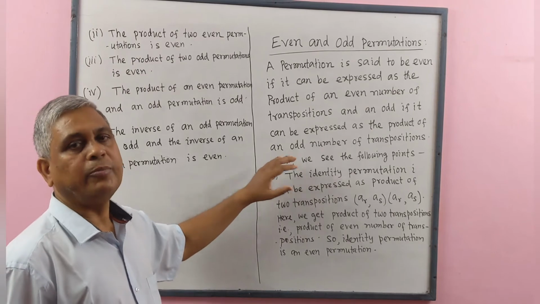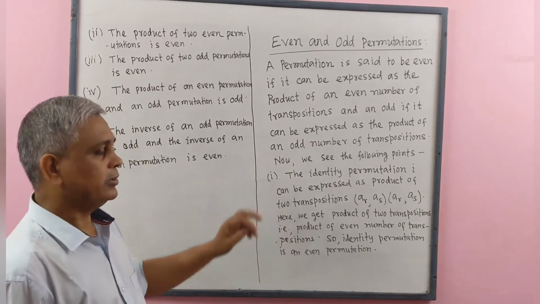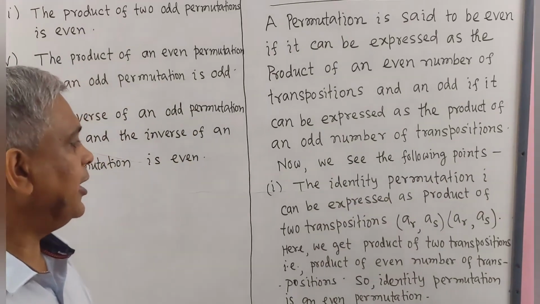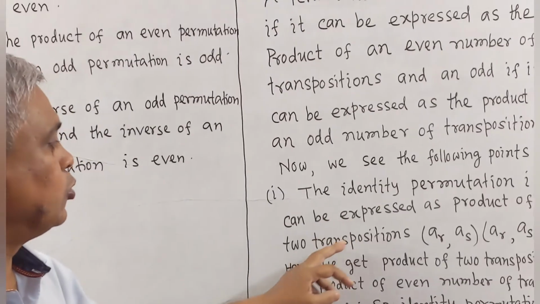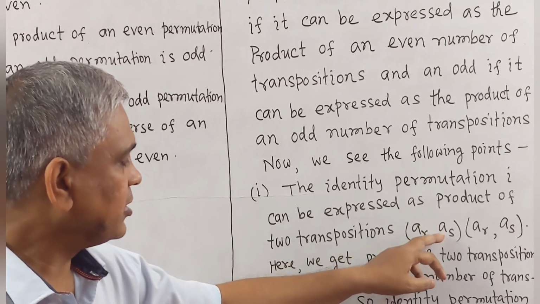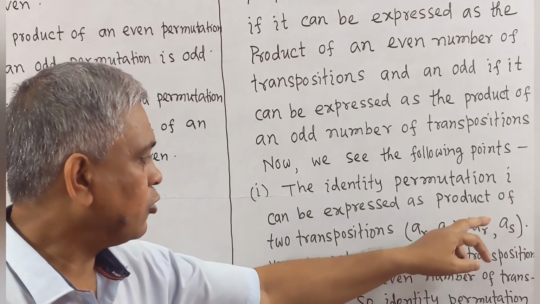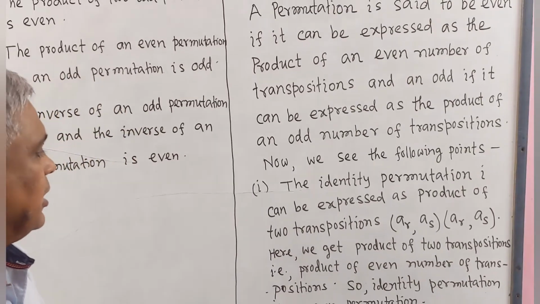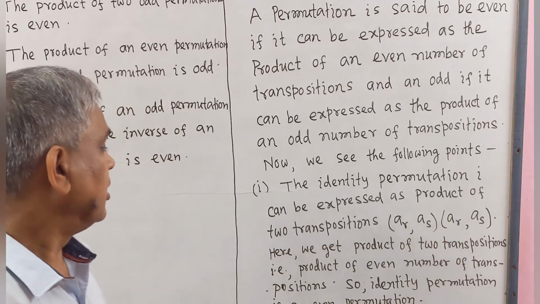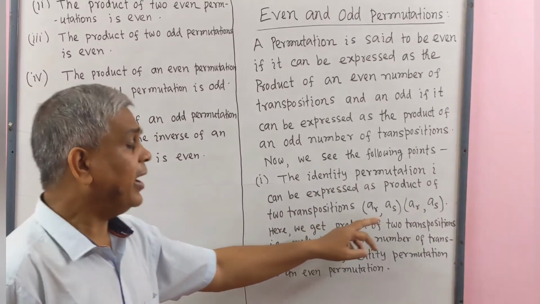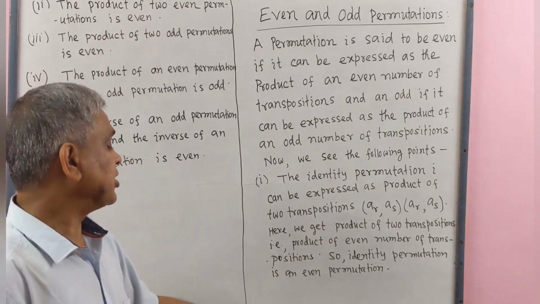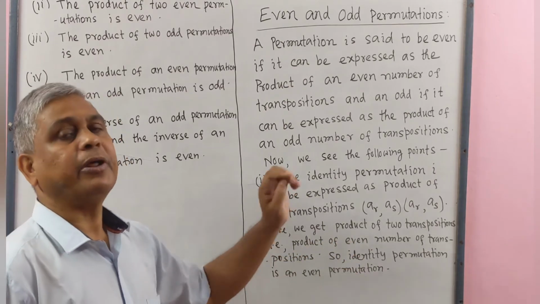Now we see the following points. Number one, the identity permutation I can be expressed as the product of two transpositions of type (a r)(a r). Here we get the product of two transpositions, that is a product of an even number of transpositions. So the identity permutation is an even permutation.